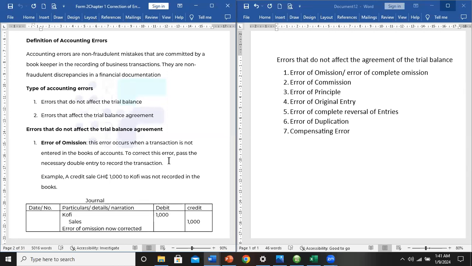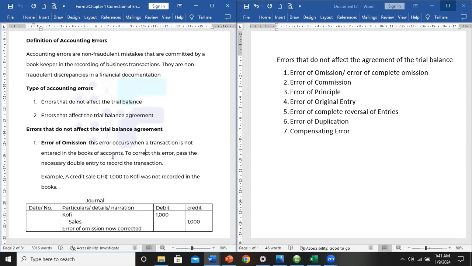That's error of omission. In some books, you see error of complete omission. So this is a type of error that occurs when a transaction is not recorded or entered in the books of account. So how would you know this is an error of omission?